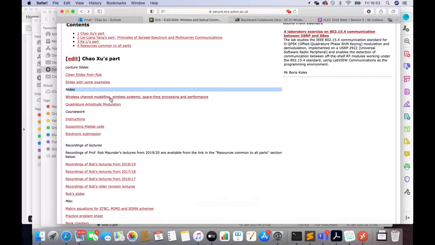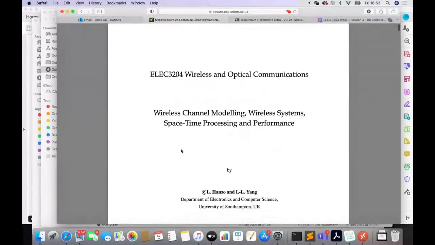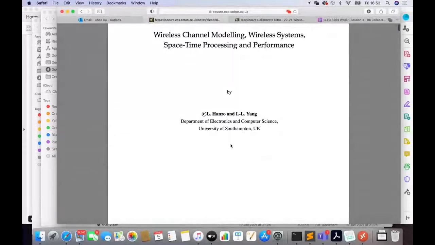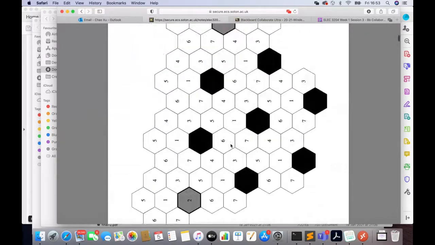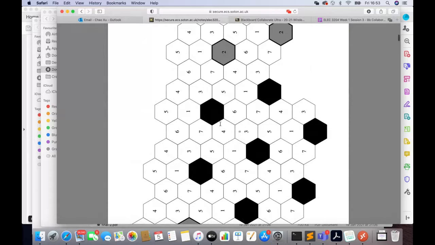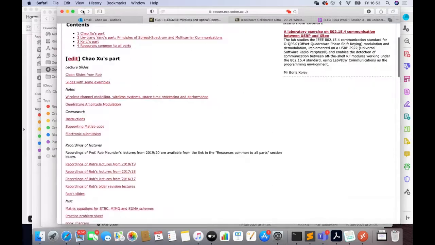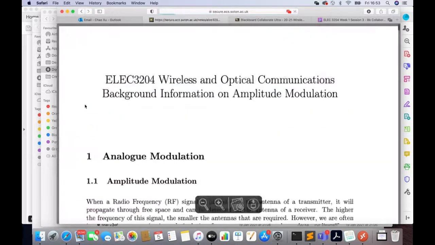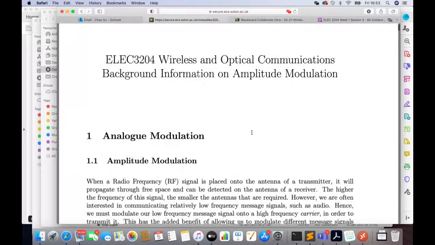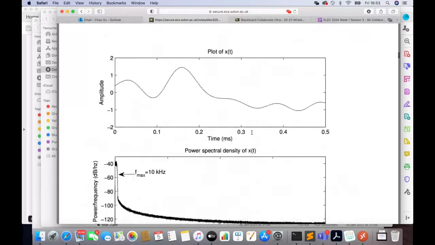And notes here. The first one is taken from a book written by researchers from our research group. It's not a lot. You can see a lot of figures are the same as in the slides, so if there's anything you don't understand, this is something you can refer to. Then this material in particular is on QAM, quadrature amplitude modulation.